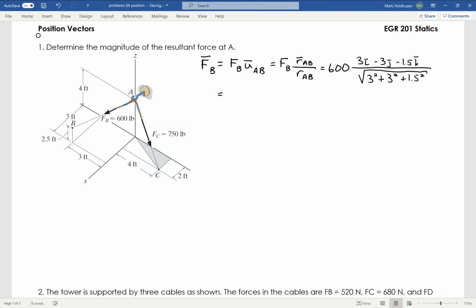So what I do is I take the 600 times the x component divided by the magnitude. That's my i component. And then I take that 600 times the j component, negative 3, divided by the 4.5. And then I take the 600 times the z component, which is negative 1.5, divided by 4.5, in the k direction.